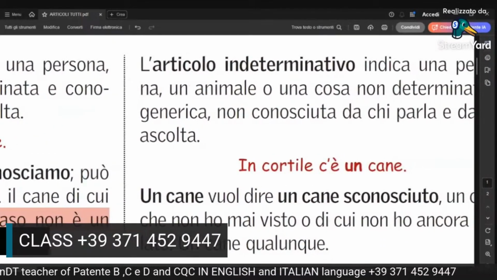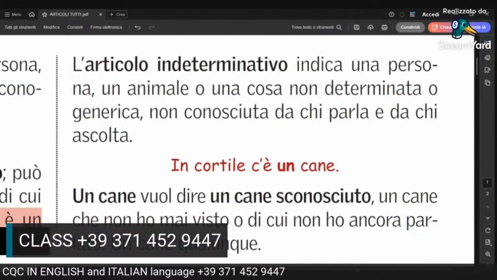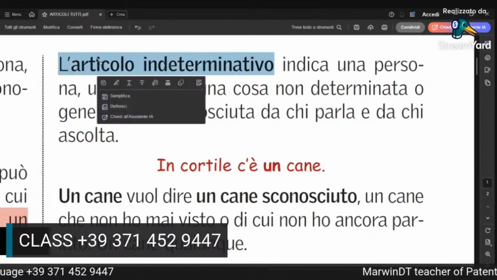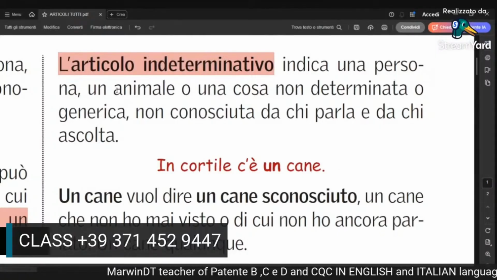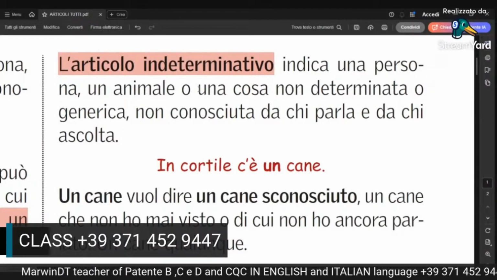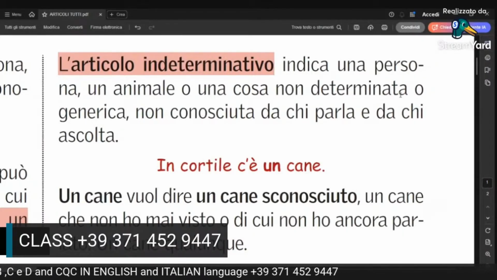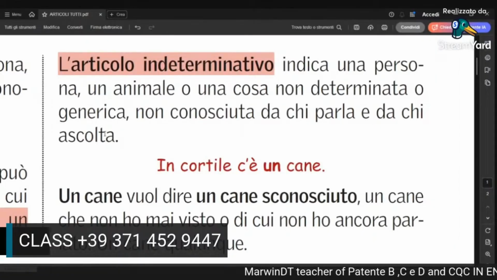So this is the articolo indeterminativo. What does it represent? It says indica una persona, un animale o una cosa non determinata o generica, non conosciuta da chi parla e da chi ascolta.